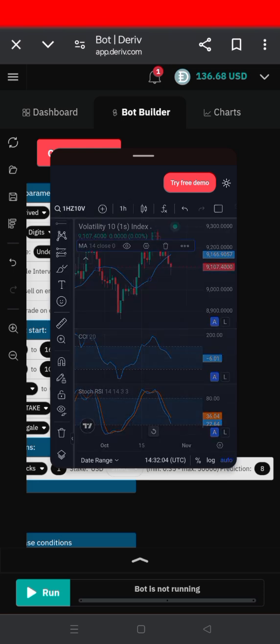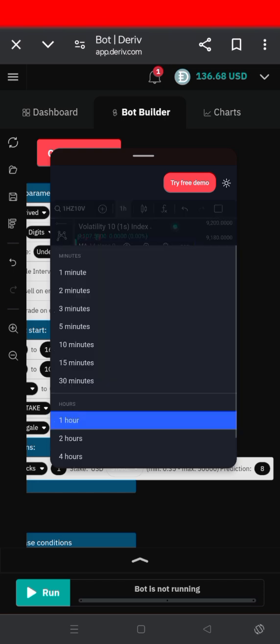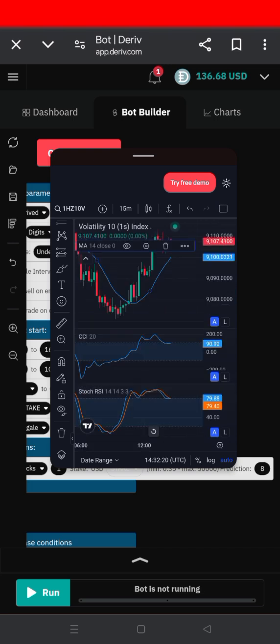For the time frame we will be using 15 minutes. Let me check, it's 1 hour, so I'll change to 15 minutes. After changing it to 15 minutes, you are now done setting up on TradingView.